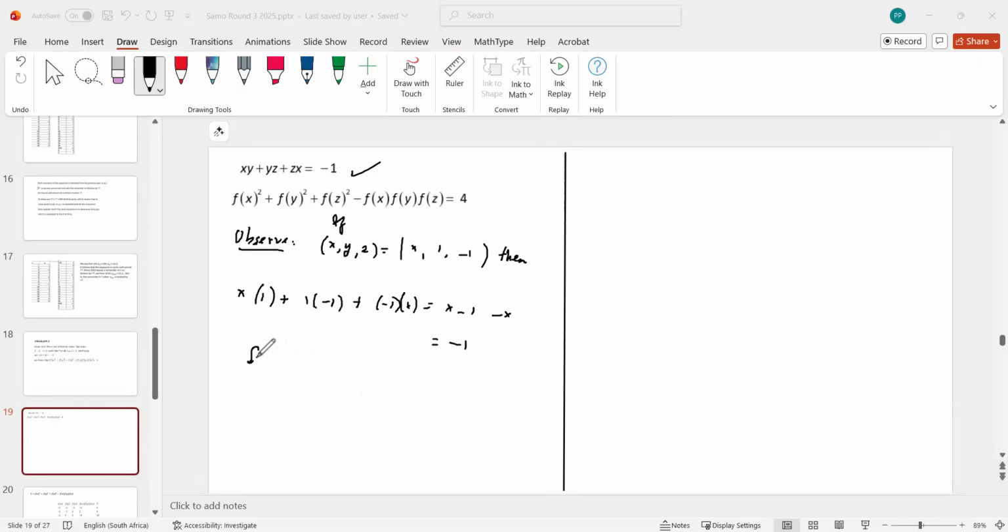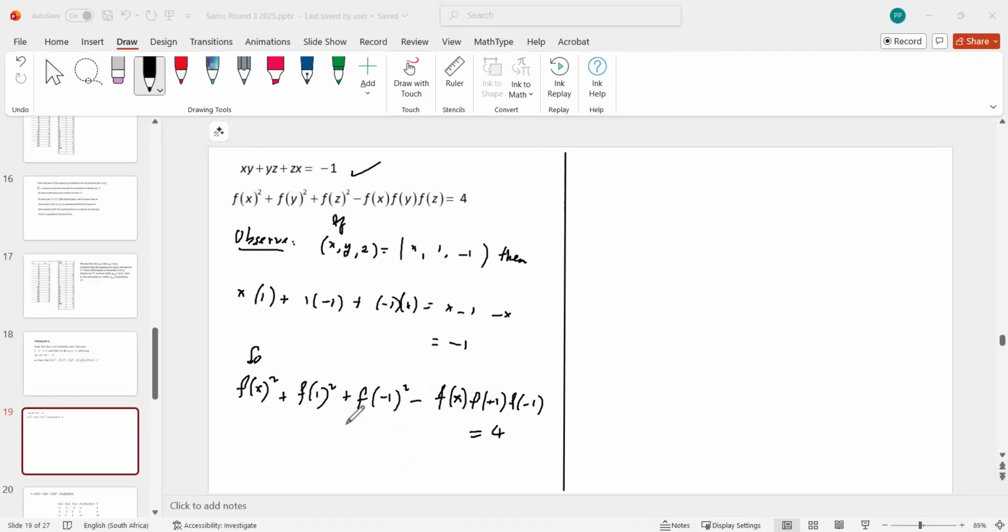So f of x squared, now y is 1, so you have f of 1 squared, and z is minus 1. Minus f of 1 times f of minus 1. I'm sorry, f of x. F of 1 and f of minus 1 is equal to 4.